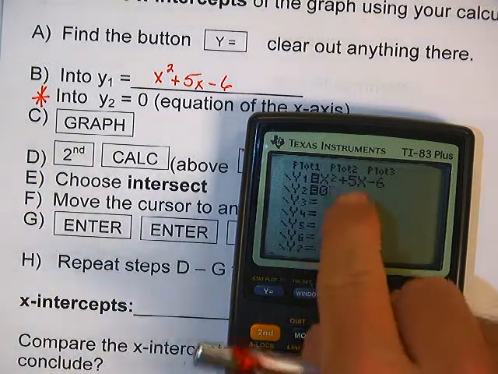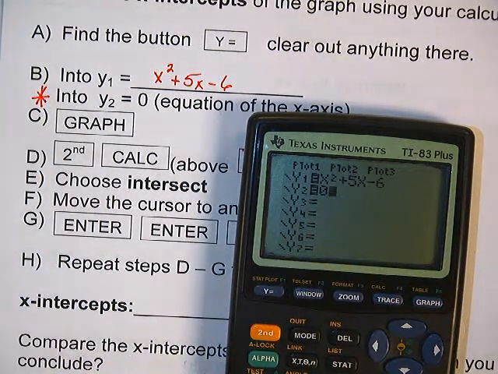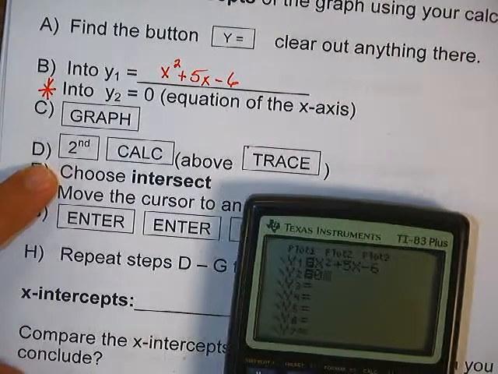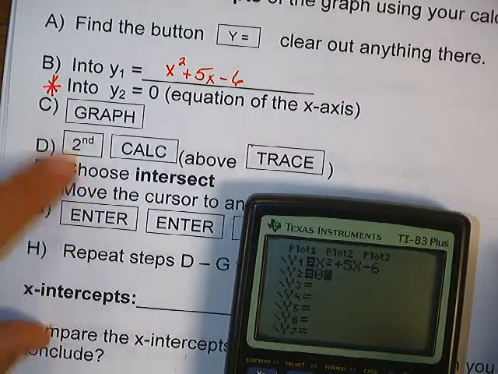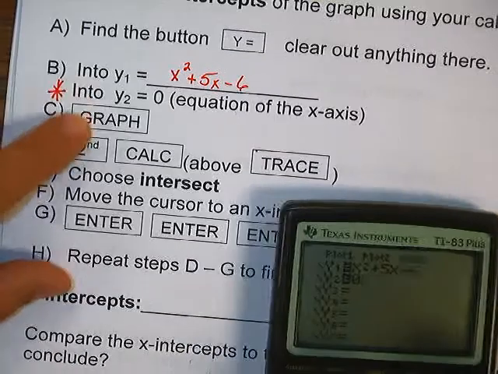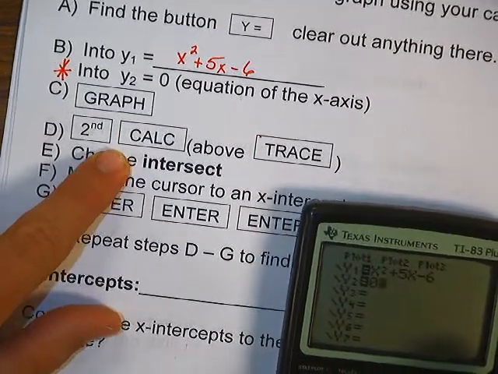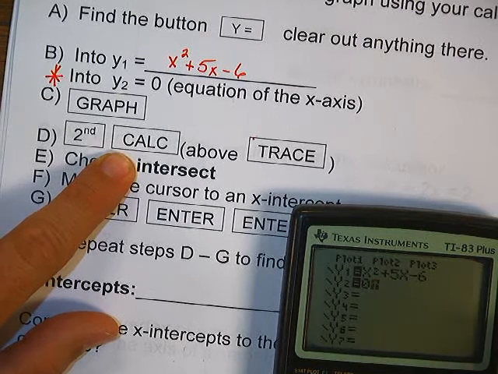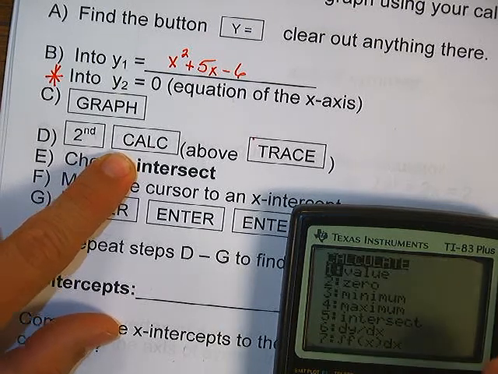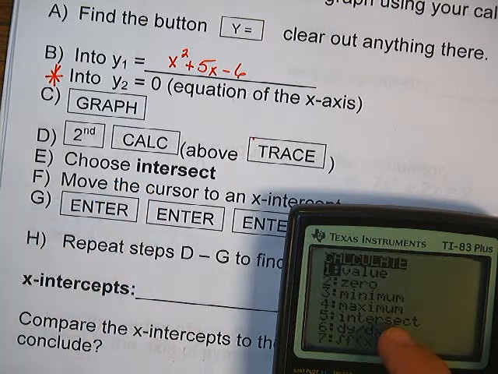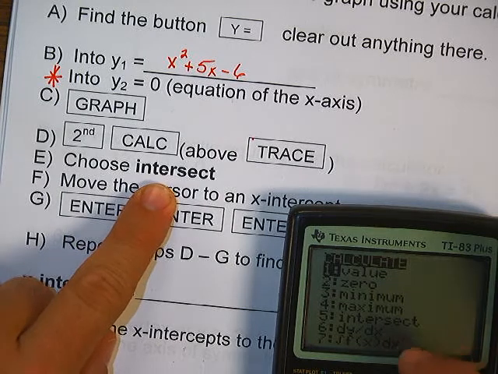Once I have this here, I can get the calculator to tell me what the x-intercepts are. Once again, step-by-step instructions of how to do it. We just put y equals 0. Now it says go to second calc, which is the trace button. Choose intersect. We're looking for where the lines intersect. So I'm going to choose number 5.